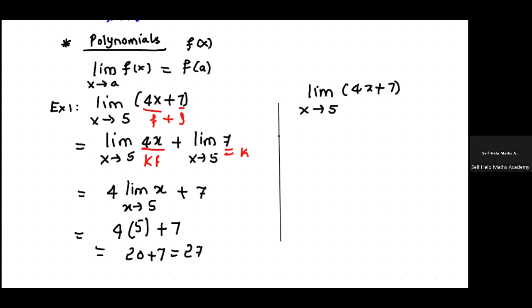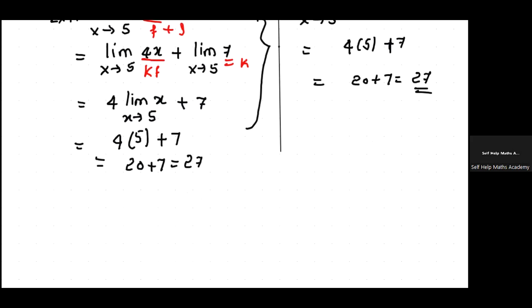Wherever x is there, just put 5. This is 4 into 5 plus 7, because 7 is free from x, nothing to be worried about. This is just 20 plus 7, which is equal to 27. So by using the properties you can solve this example, and by using the polynomial also you can solve this. Let's see another example.